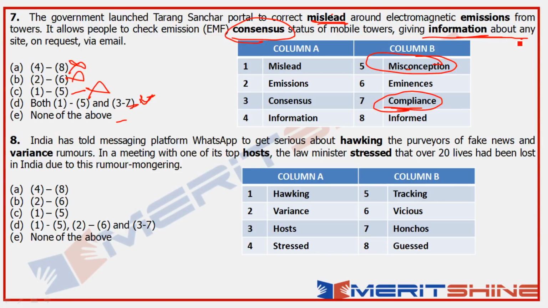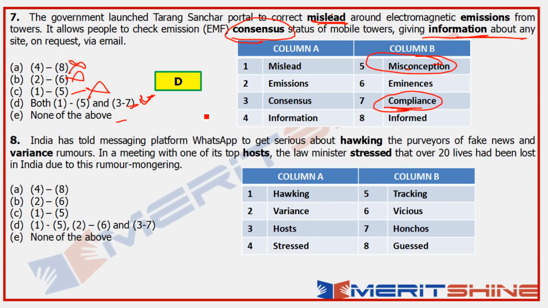Giving information about any site, perfectly fine. So therefore D is the answer here, right? These are very easy. This could have been done within 20 seconds. If you had taken a little more time in the last 5 questions, 35, 40 seconds, these questions should have been done within 10, 15% less time.